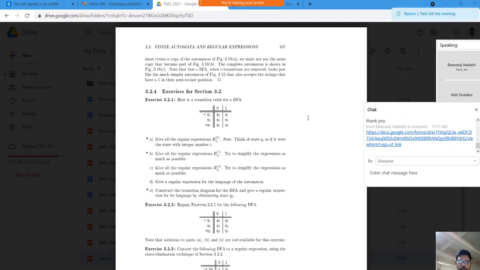We have been given a transition table for a DFA. From the transition table, you have to write a regular expression. You can convert it to a transition diagram and then write, or else you can simply write it straightforward.